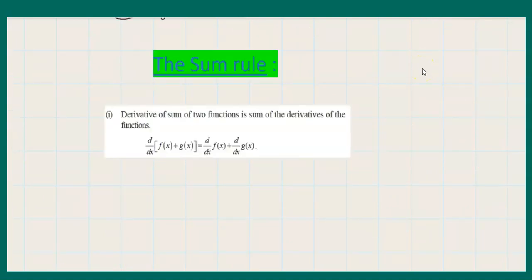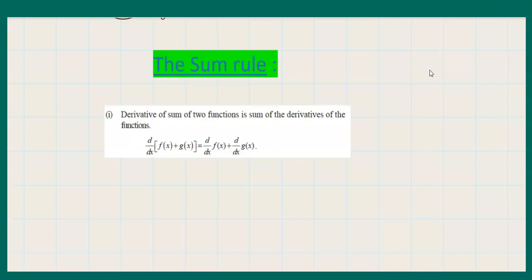If we write rules of differentiation, basically there are 3 rules of differentiation: the sum rule, the product rule, and the quotient rule. Sum rule can be restated in another manner that I am telling you. Let us know what will happen if sum of 2 functions are there, the derivative. Derivative of sum of 2 functions f(x) and g(x) is given by derivative of f(x) plus derivative of g(x).